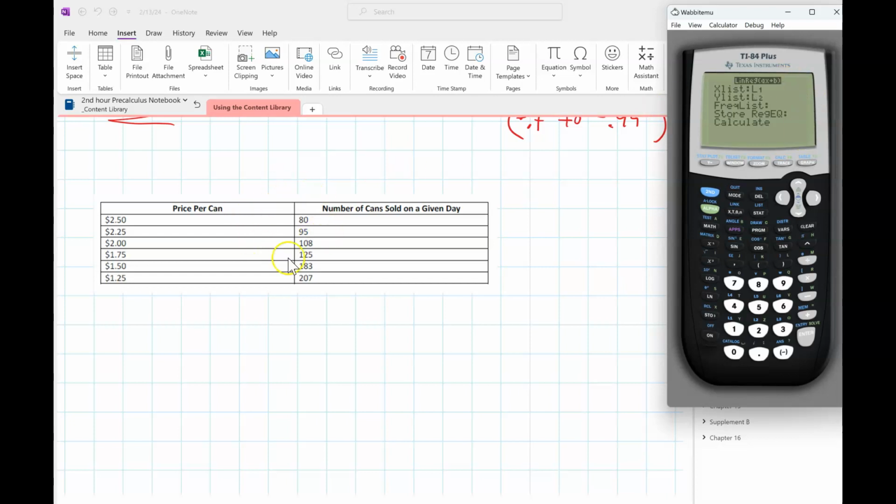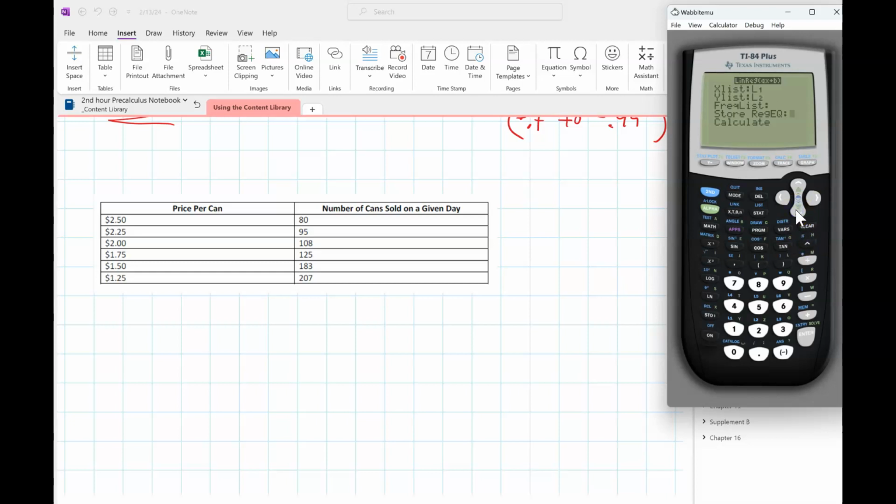The Y coordinates we put into L2. That's what mine says already, so I'm not going to change anything. More, if yours says L6, you should change that to L2. The frequency list will always be blank for us. Nothing is ever going to go into the frequency list. Everybody's okay?